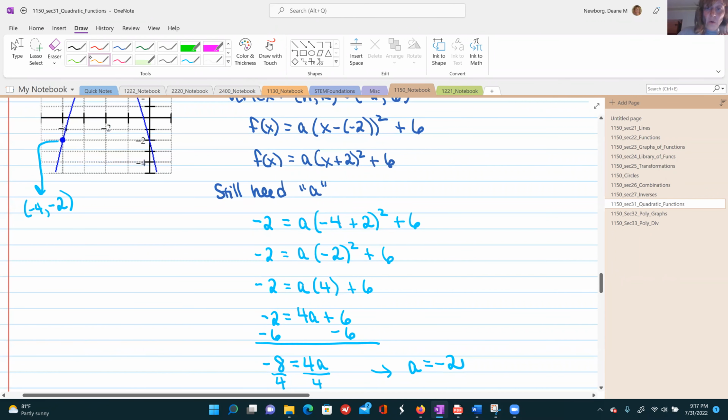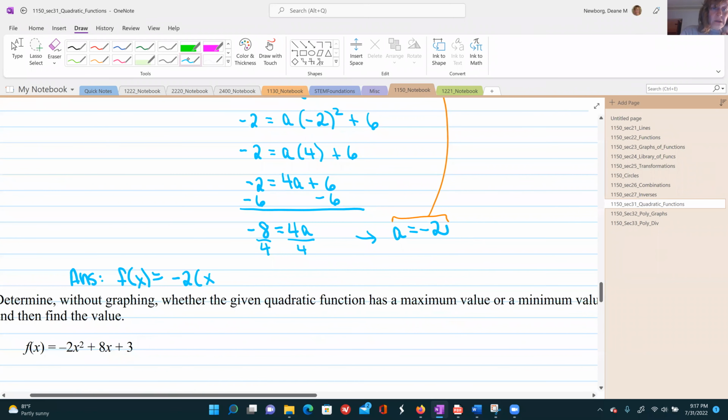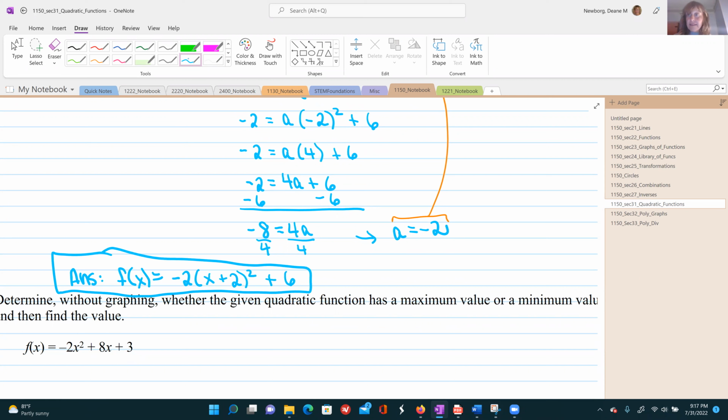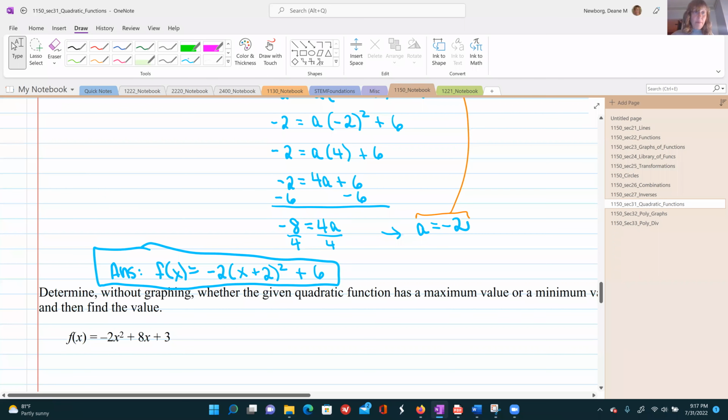The -2 is the only thing I didn't know; I had everything else from the function figured out. If you wanted to multiply it out completely, that's fine, but you can also leave it like this. Okay, I'll pick up with the next problem in the part 2 video.